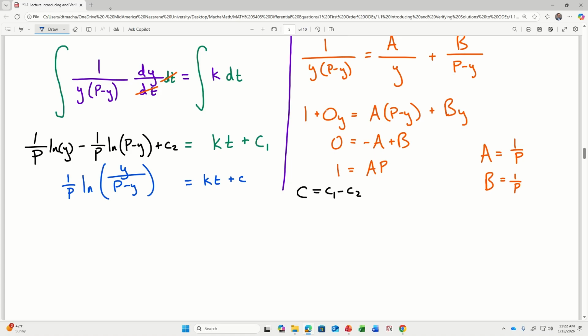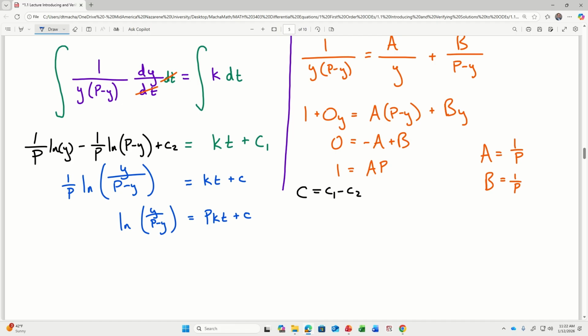Now, call that p kt plus c. I could write cp if I want to, but again, this is completely arbitrary, so who cares if I multiply by a p constant or not? And that's natural log of y over p minus y. And then how do I get rid of the natural log?